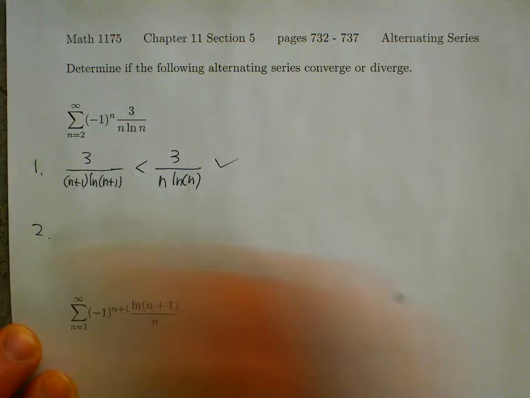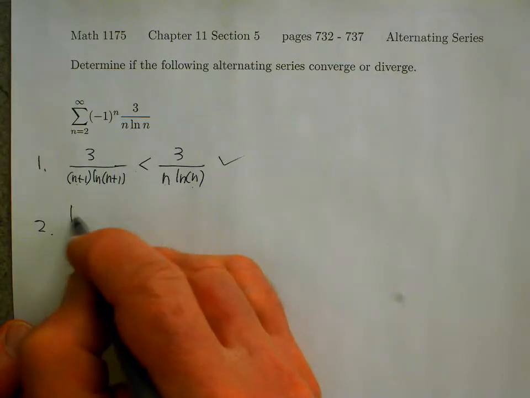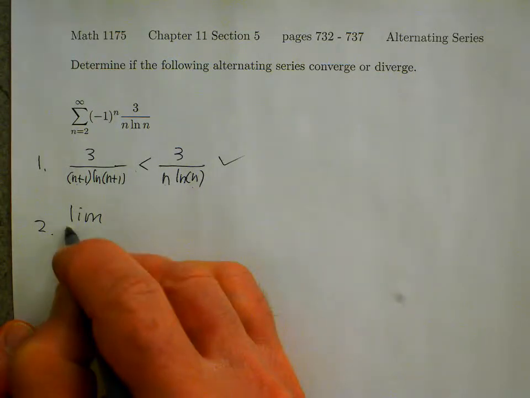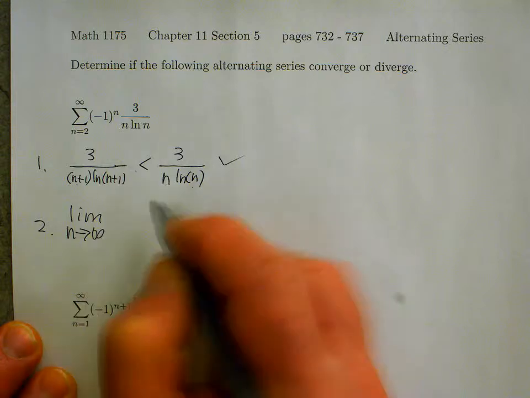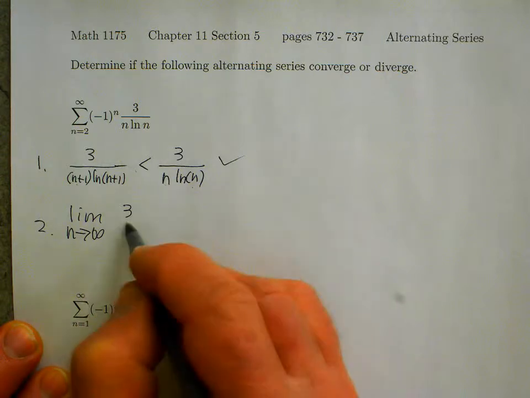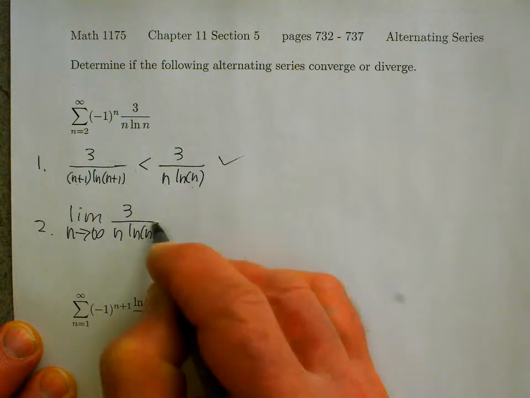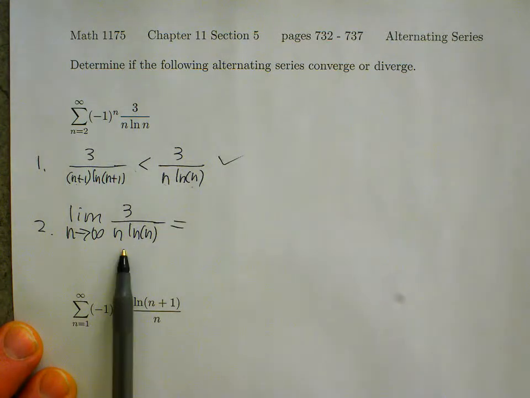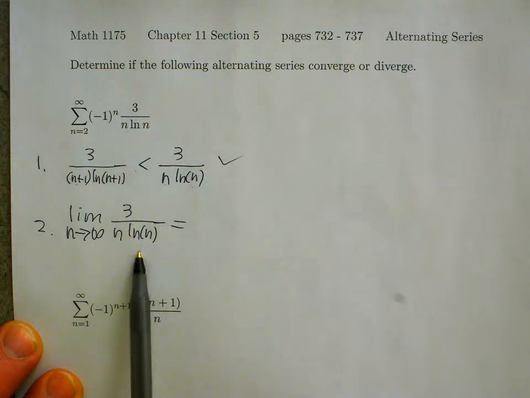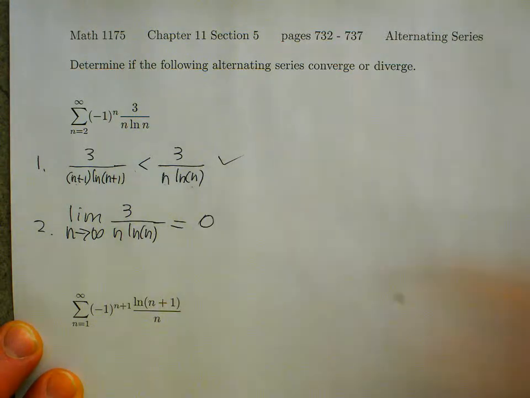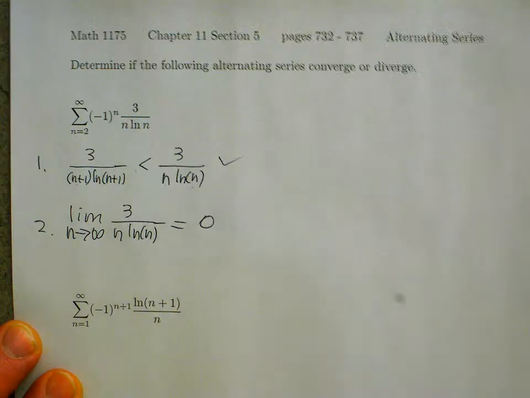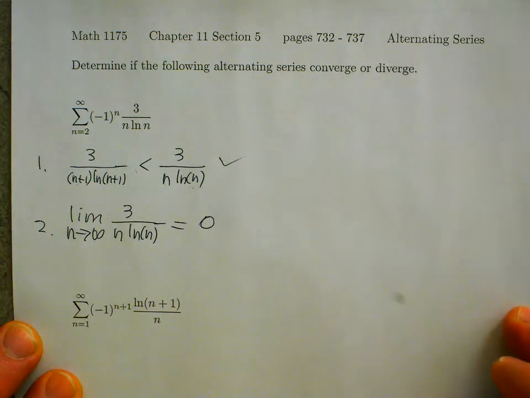The second condition, well, if we compute the limit as n approaches infinity of the sequence 3 over n times the natural log of n, the denominator approaches infinity, and so the number approaches 0. So both conditions of the alternating series test are satisfied.